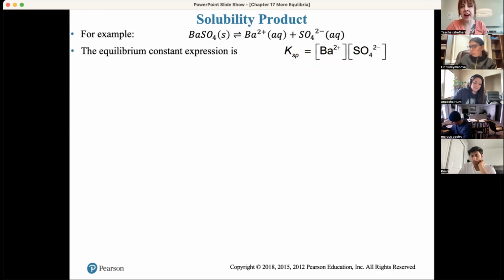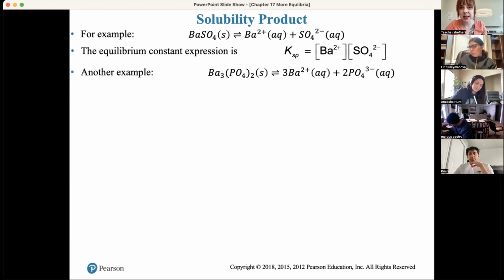Okay, let's do one together, and I'm going to have you guys help me out, so someone get brave. Now I have barium phosphate. So here's the compound, I give you the formula, give you the dissociation. What's the Ksp for barium phosphate?